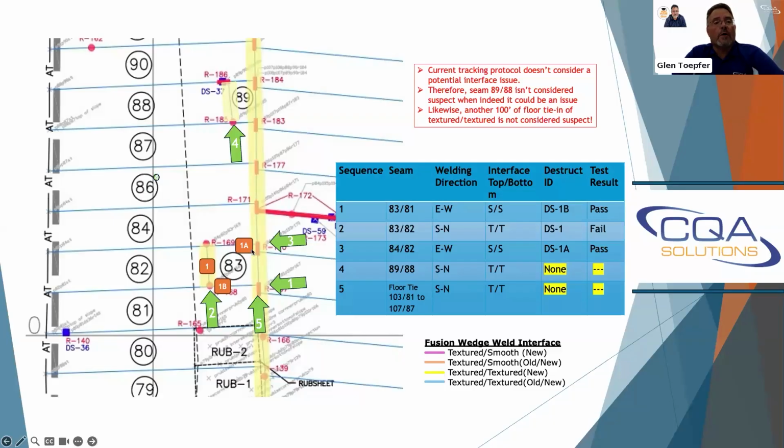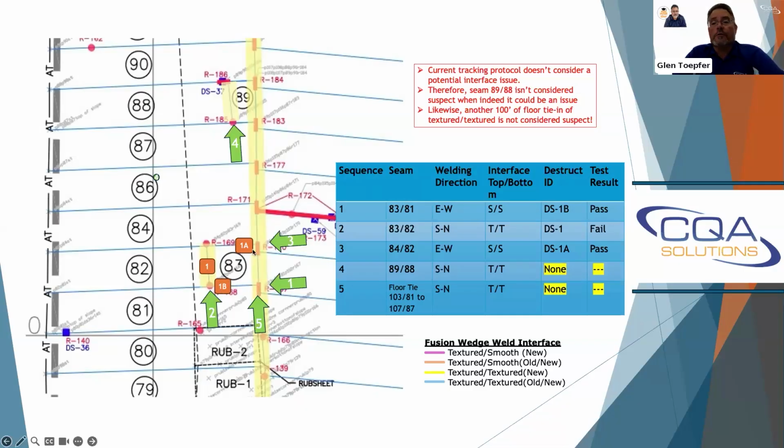So the after would go on to seam 3, which is 84, 82, and it would go to the beginning of that seam for the chronological pathway. And that's going to be a smooth interface. And same thing with the before, you go to the end of the previous seam, it's going to be seam 1, 83, 81. And again, it's a smooth interface.